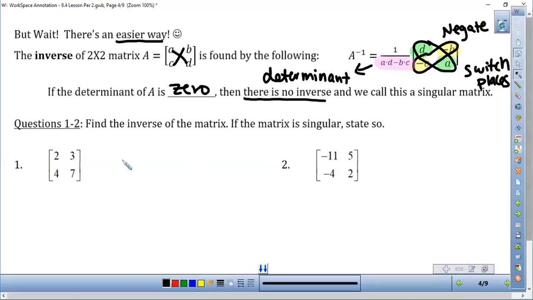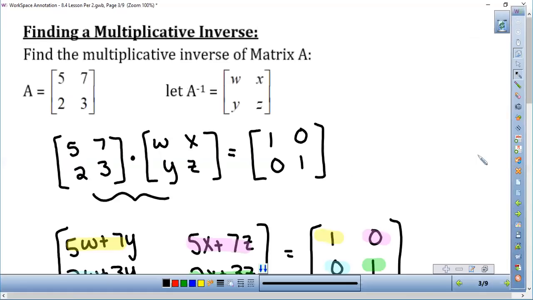Now, before we move on, I want to show you how this formula will work with the previous problem, because I want to convince you that this formula works. So if we go back to what we did over here, let's write off to the side.